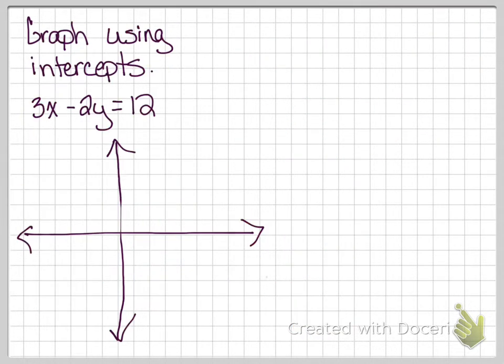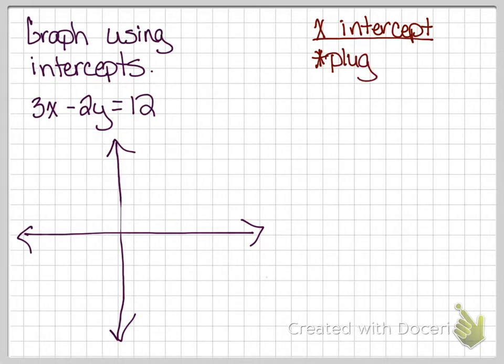Okay. So we have determined that my x-intercept is where my graph crosses the x-axis. In order to find my x-intercept, I am going to plug 0 in for y, because y was 0 when my line crossed the x-axis.